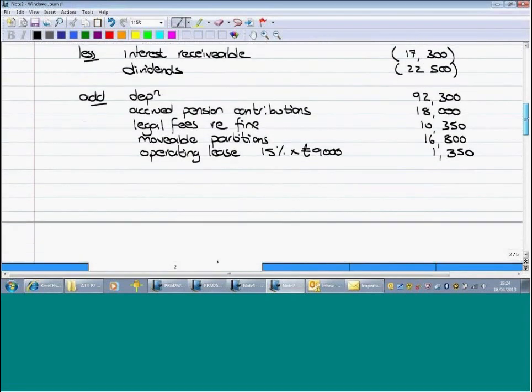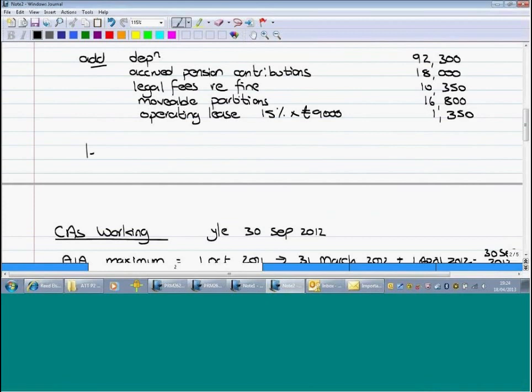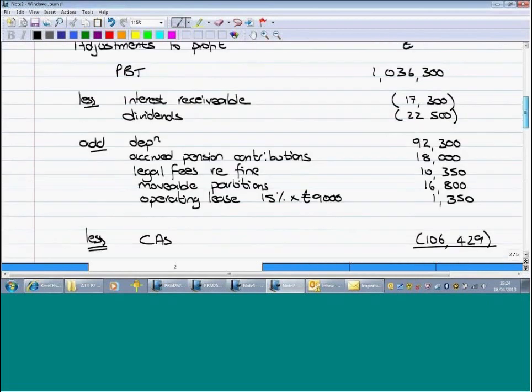I'm going to put them right at the bottom of my adjustments to profits working, and I'll deduct those capital allowances of £106,429. And now, if I add up this working, it will give me the trading income figure.